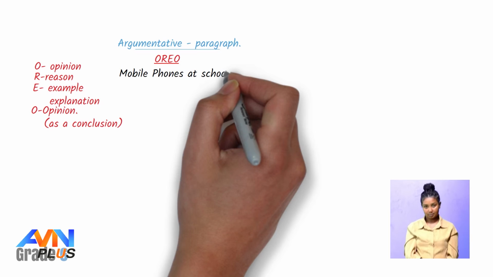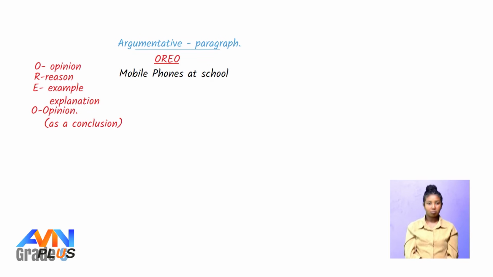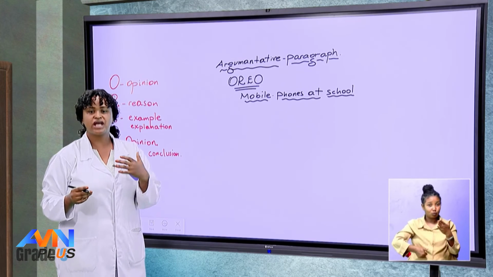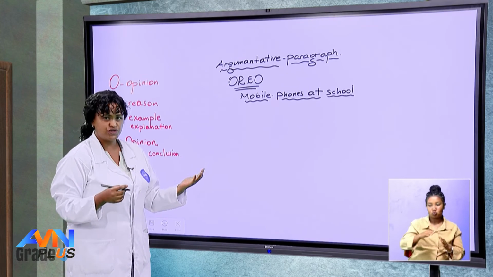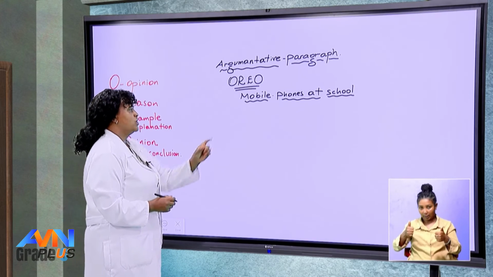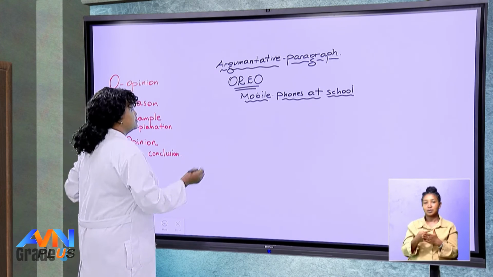On our last program, if you remember, we said that mobile phones are distractors. They are not advised to be used by students at school unless the teacher recommends. So, let us use this part under O.